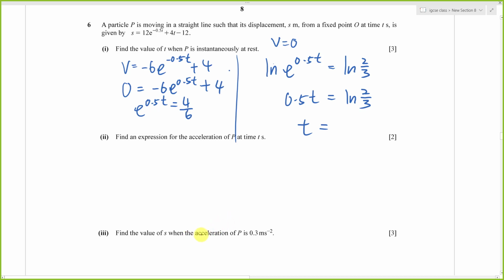Something is wrong, because I get a negative answer, and they ask me to find time, so I cannot get a negative answer. Move the 0.5 to the front, multiply, plus 4 equals 0. I move this to the other side, this one equals 4 divided by 6. Then 0.5t equals ln 2/3. Everything seems correct.